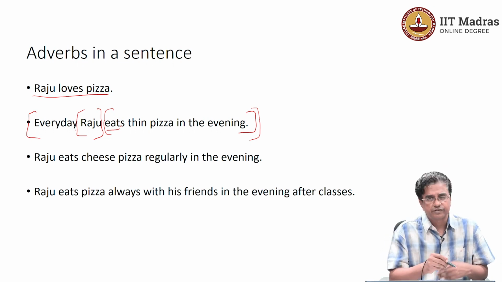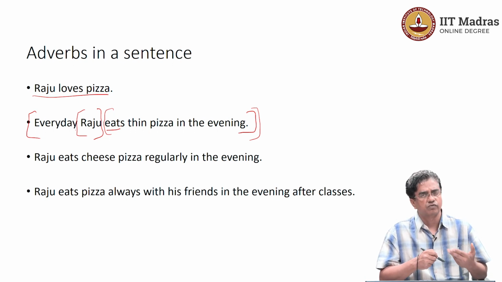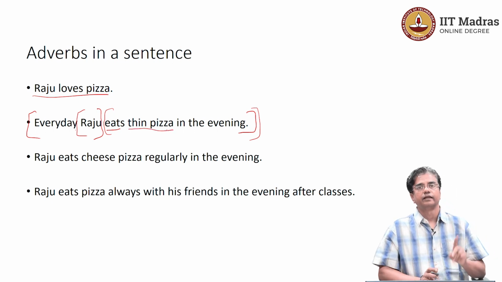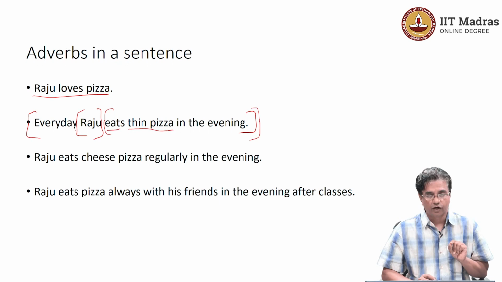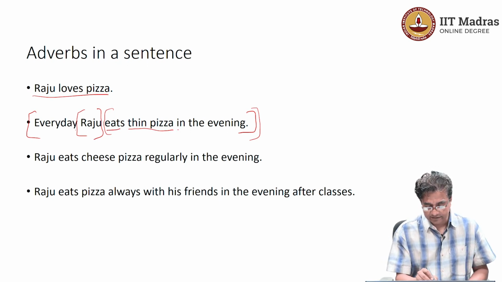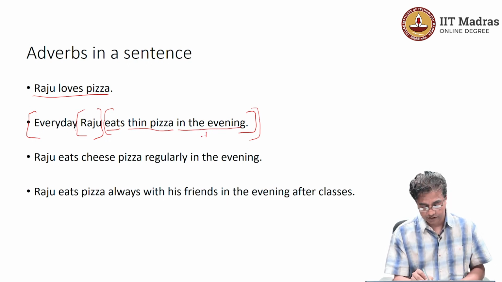Transitive verb, because we can ask a question for this verb: eats what? The answer that we get is thin pizza. This part is the object of this verb. And in the evening, again, is a prepositional phrase which is giving you time information, which happens to be an adverb.